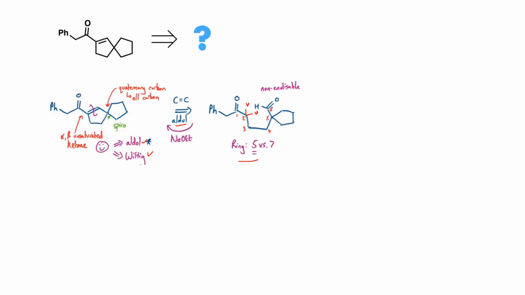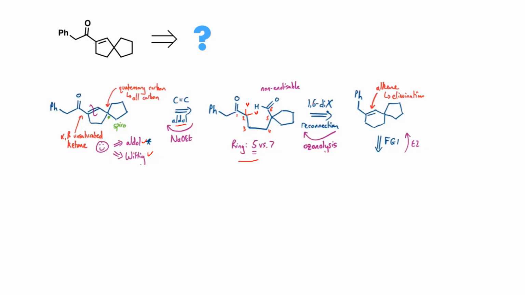If we combine from this to this place, it will form a 5-member ring, but if we combine these two carbonyl, it will give us a 7-member ring. So if we just combine these two carbonyl groups, what will we get?